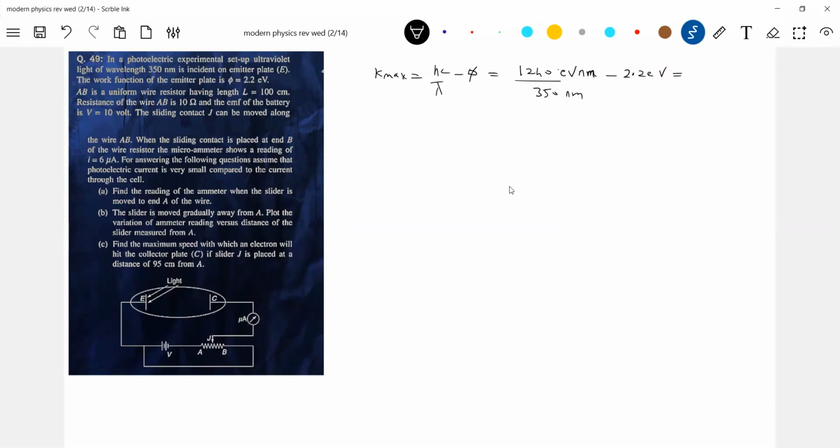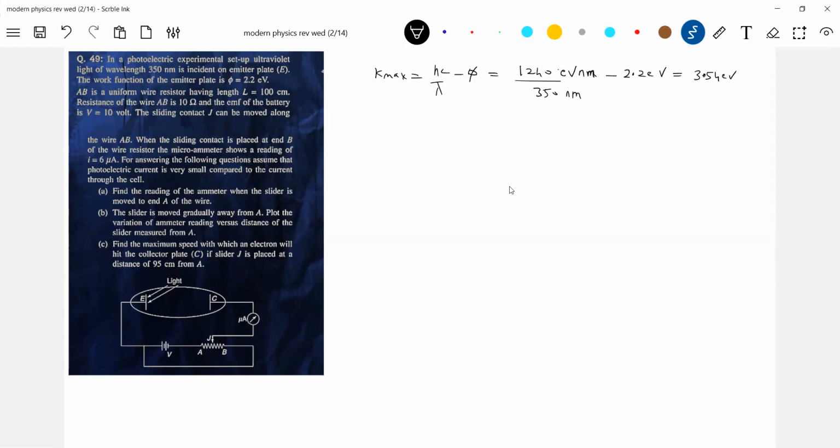Anybody have the value? 1240 by 350. 3.54 eV. Okay, this much is there.